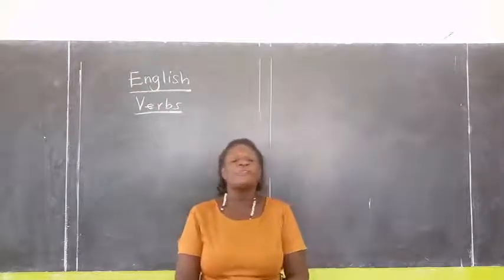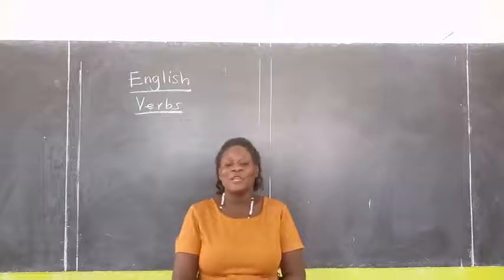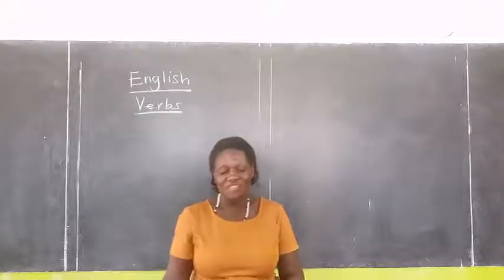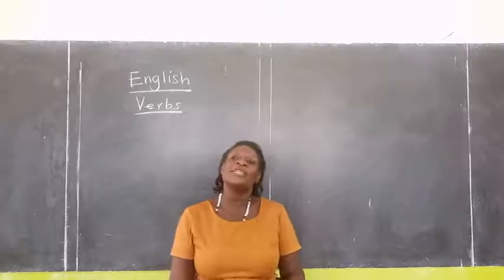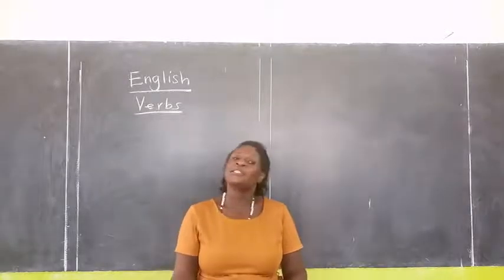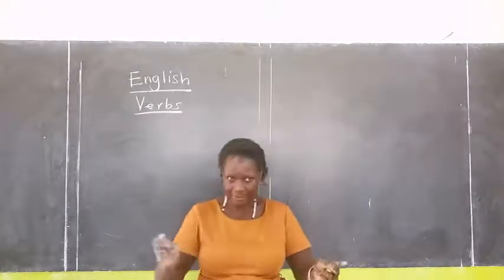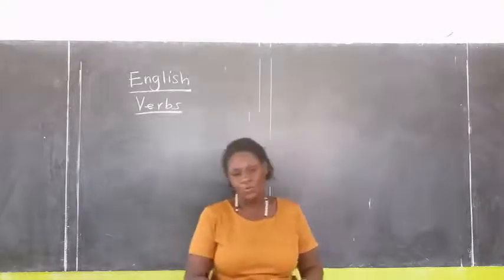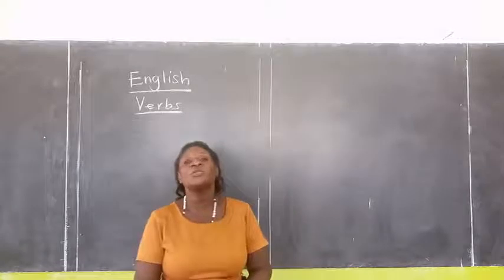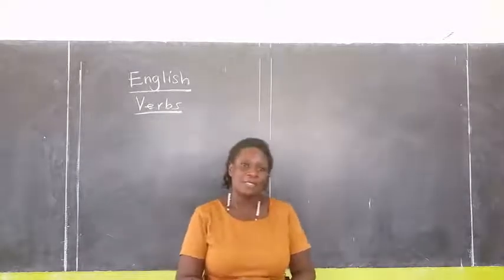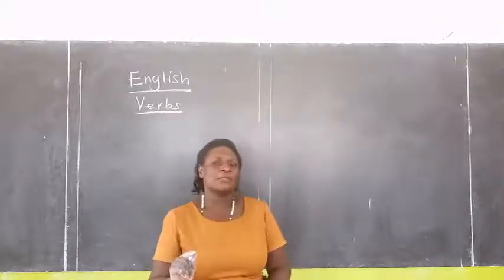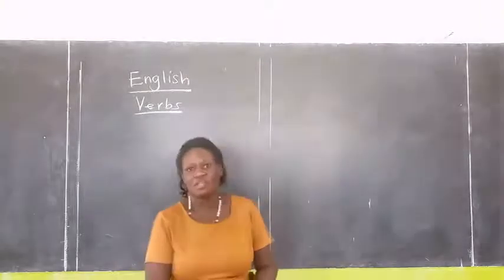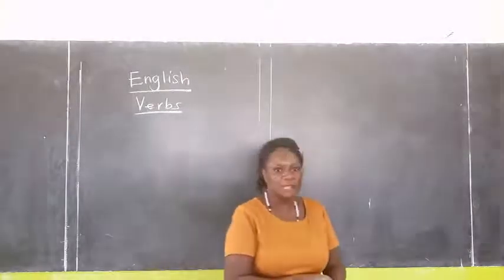In our previous lesson, we looked at changing verbs into now tense. We first looked at verbs. Then after looking at verbs, we looked at how they are changed into now tense. We looked at those verbs which take only ing when changed into now tense.